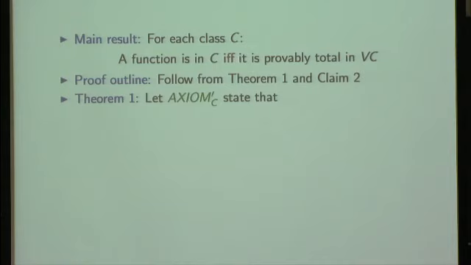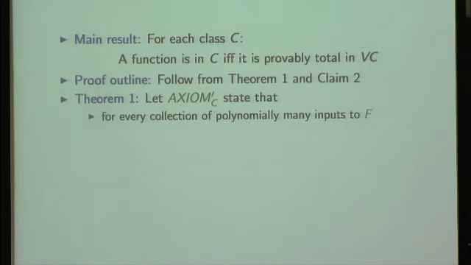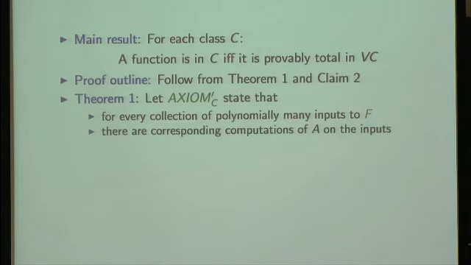So step 1 is actually a very general result. Instead of working with the axiom C, we are looking at an axiom C-prime, which is a slightly stronger axiom than the one before. It says that for any collection of polynomially many inputs to F, there exists the corresponding computation of the algorithm on the input.